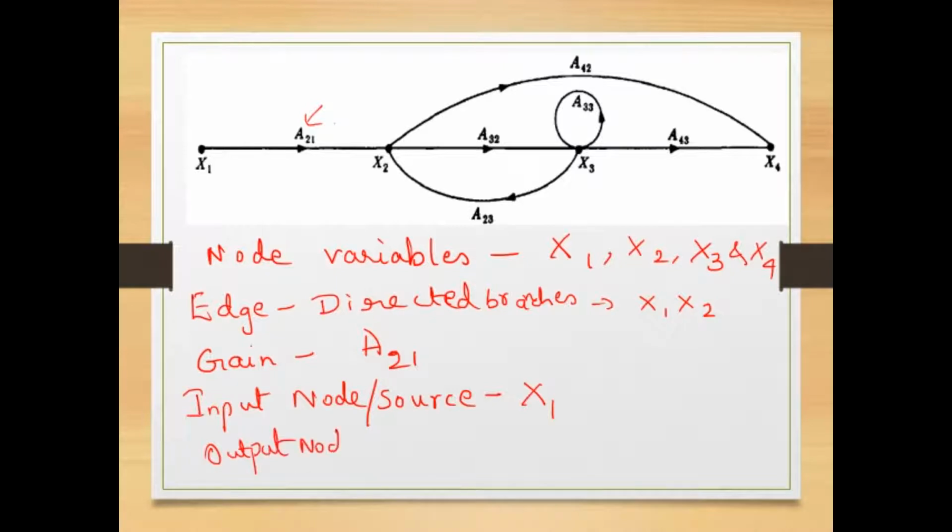The output node is otherwise known as the sink. This output node should have only incoming branches. If you observe, at x2 you have an outgoing branch, x3 also has an outgoing branch, but at x4 we have only incoming branches. That is why our output node or sink is x4.